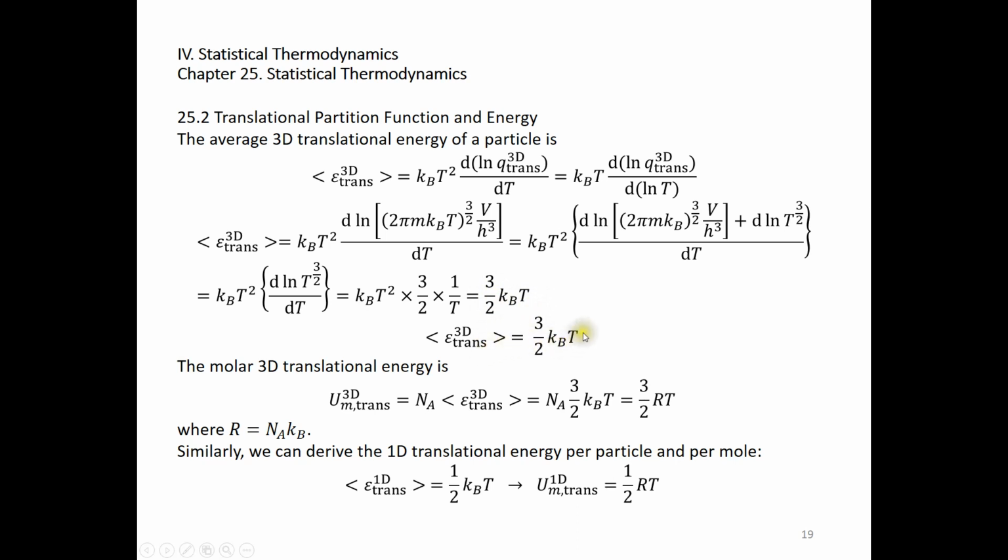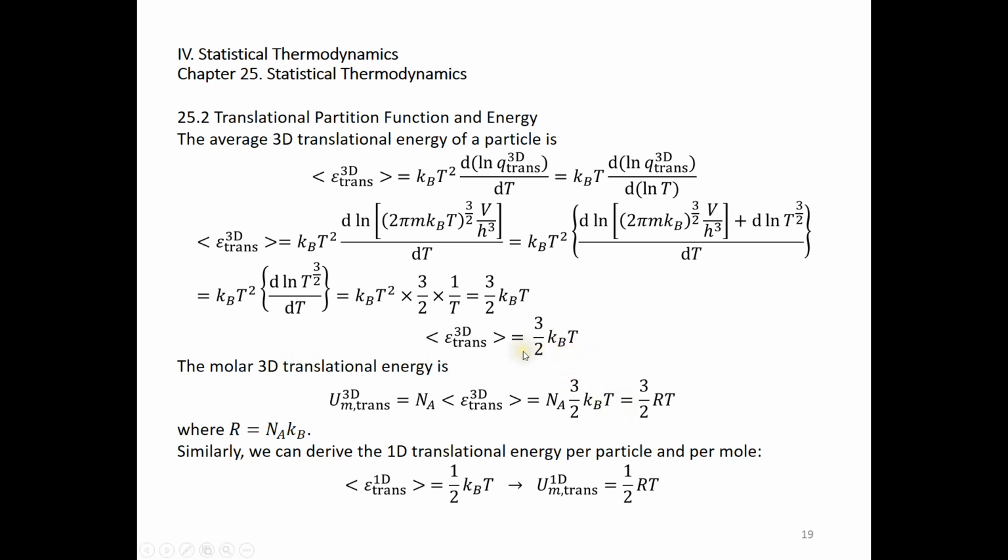I used the particle in the box model and got this expression. The average three-dimensional translational energy is 1.5 kbt. The molar three-dimensional translational energy is this. It's just the Avogadro constant times 1.5 kbt, so we get 1.5 RT. Don't forget that we made some assumptions in the derivation. We're assuming those are free particles in the box.